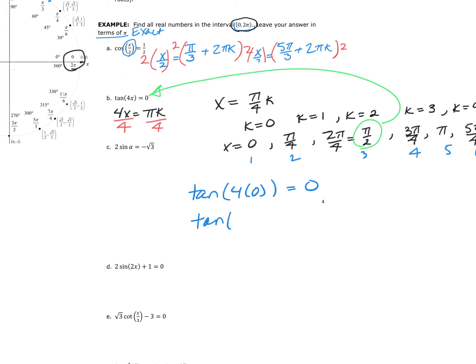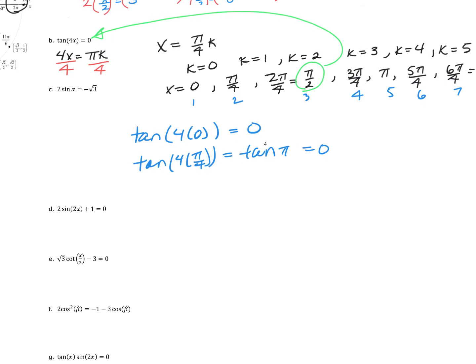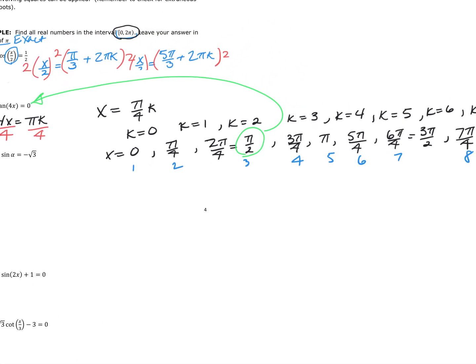The tangent of 4 times pi over 4, well, this is the tangent of pi, so we're good at 0. And I'd have to make sure that none of these are going to be undefined. So be careful with tangent. They're one of the ones in which you have to confirm that you don't have extraneous solutions, because sometimes you'll get solutions, but they're not true solutions.